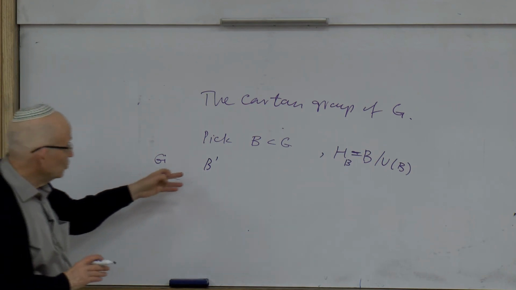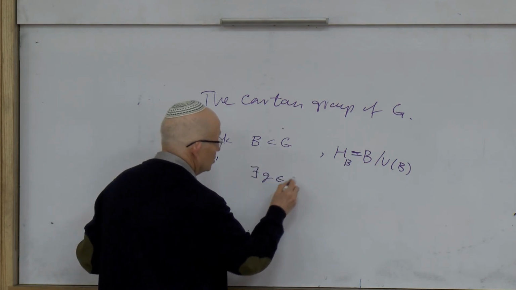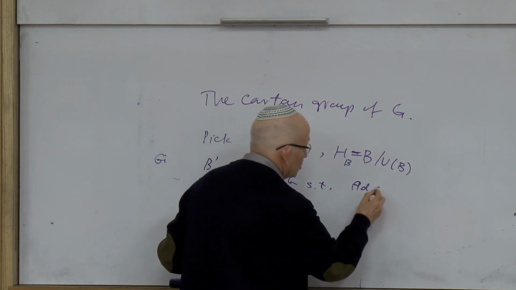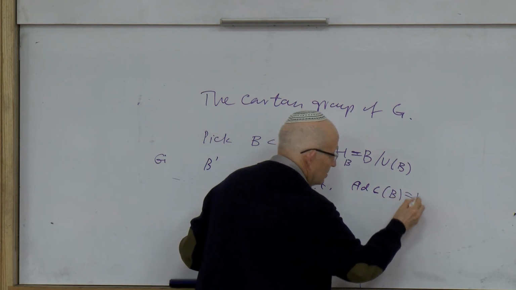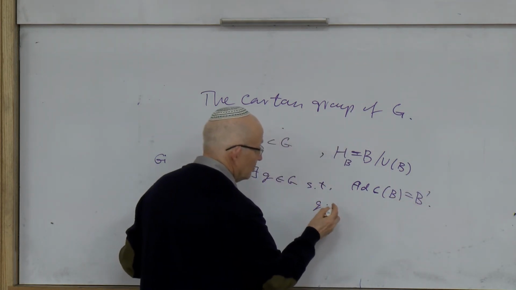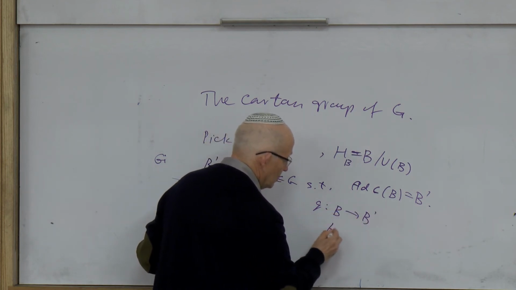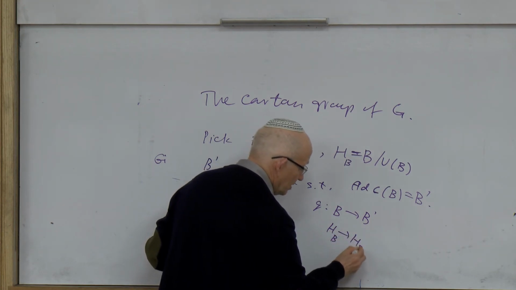Why? Because if you choose another subgroup B prime, then there exists an element g in G such that g B g inverse is equal to B prime. This element g defines a morphism from B to B prime, and hence from H_B to H_B prime.